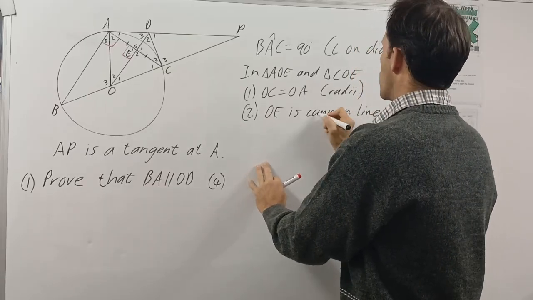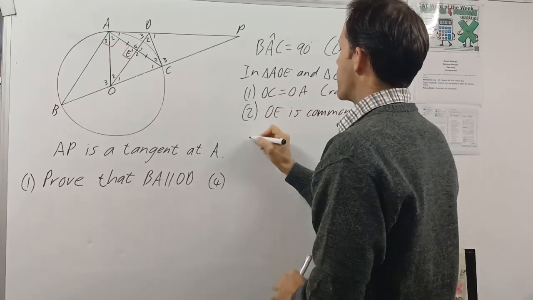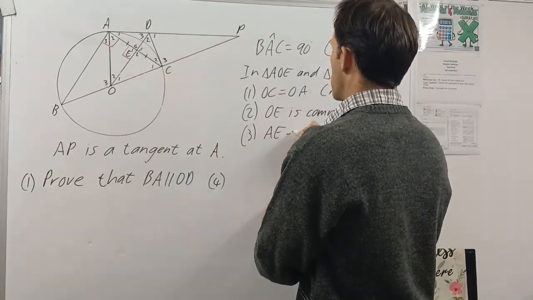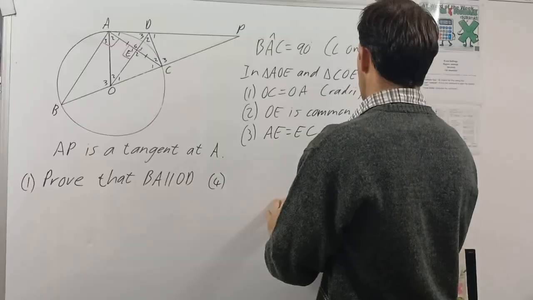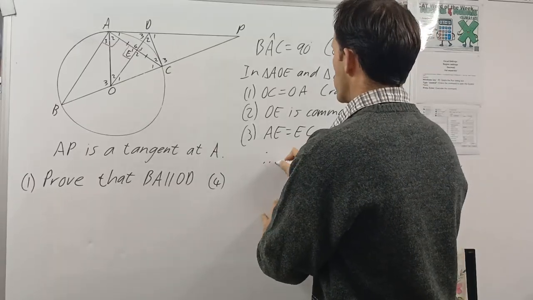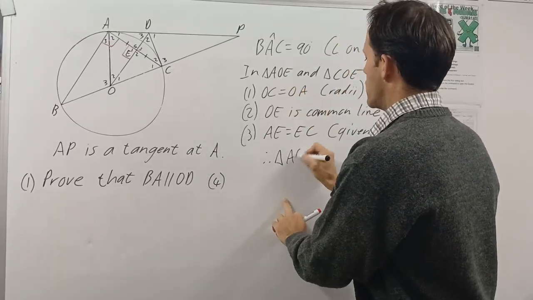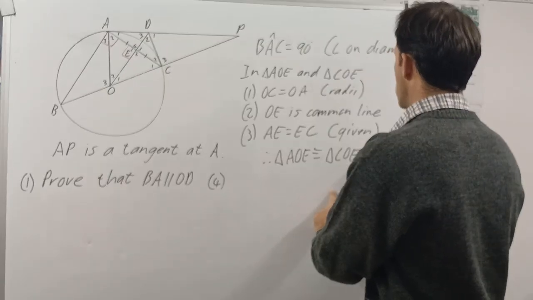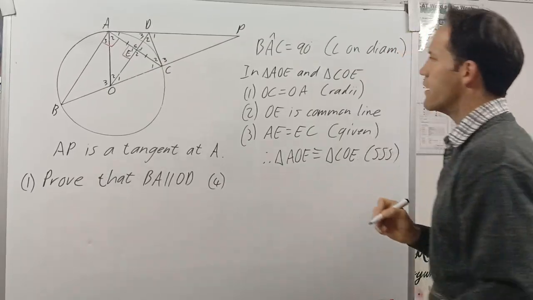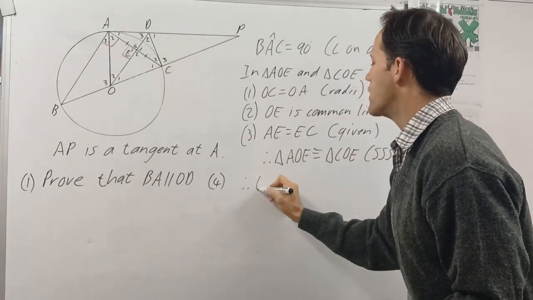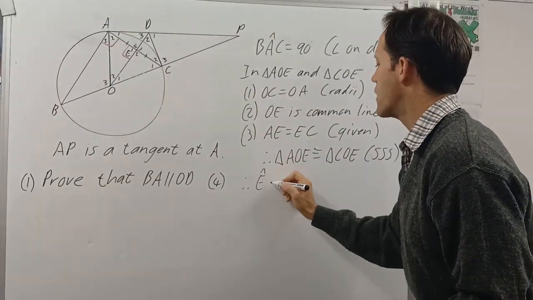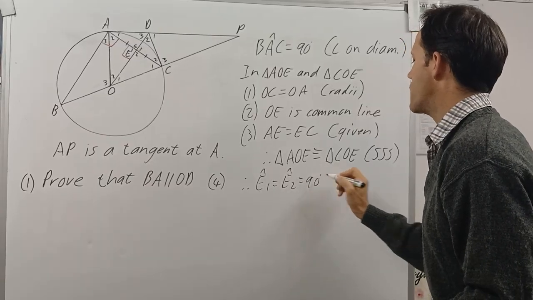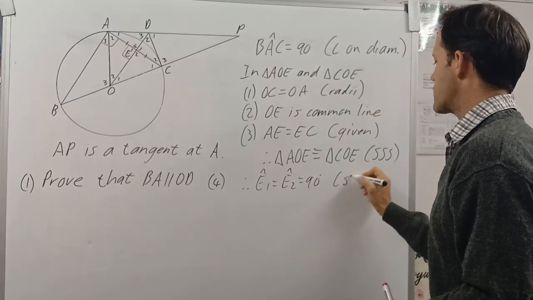And thirdly, AE is equal to EC, because it's given. Therefore, triangle AOE is congruent to triangle COE, side, side, side, and therefore E1 must be equal to E2, and they must both then be equal to 90 degrees because it's a straight line.